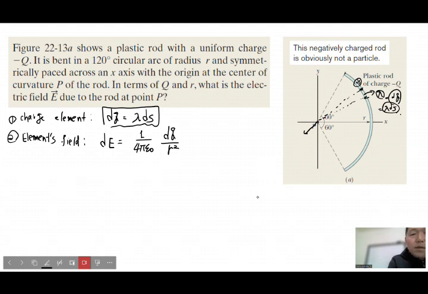Now replace this dq with lambda ds. That is 1 over 4 pi epsilon naught, lambda ds over r squared. Now we're going to sum them up along this arc.